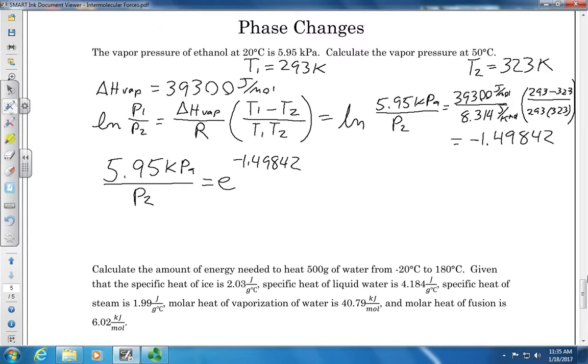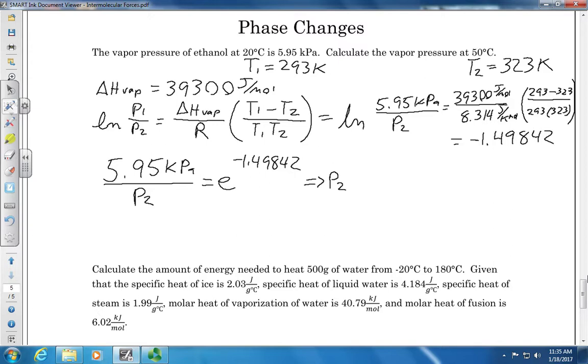And then isolating P2, you simply multiply P2 to both sides and then divide by e to the negative 1.49842.